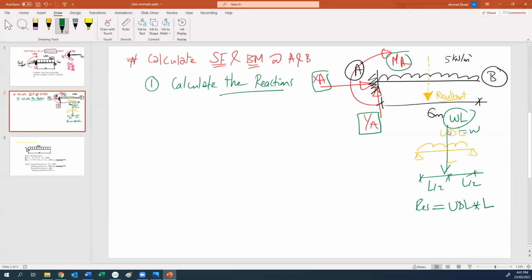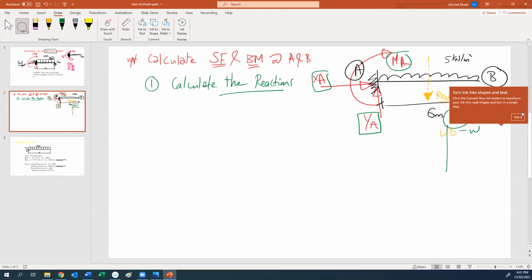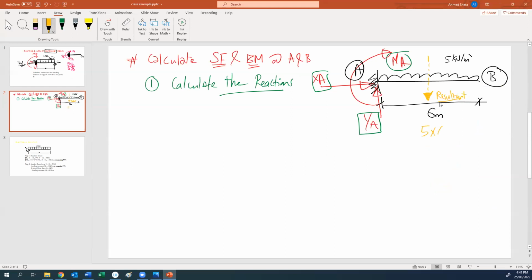So now, how much is the resultant here? In this case, we have 5 kilonewton multiplied by 6 meters, so it will be 30 kilonewton.